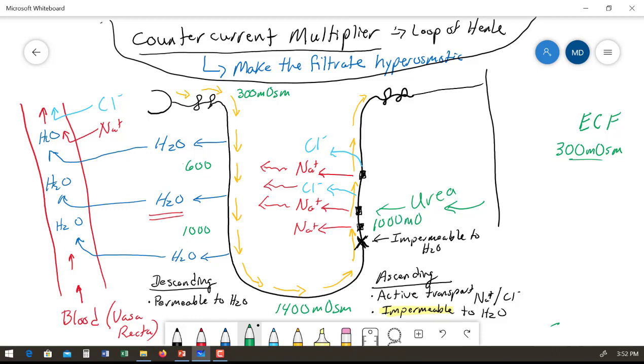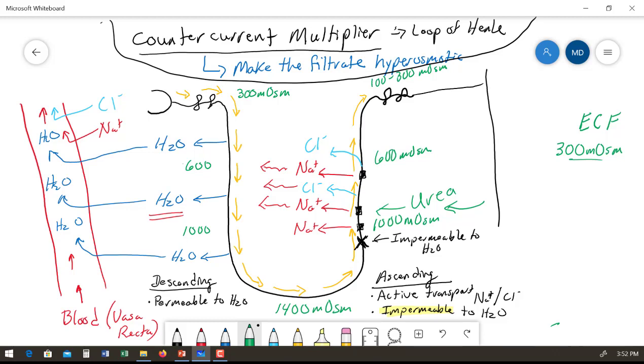So we're going to have 1000 milliosmoles, and then it's going to go down to 600 milliosmoles. And then when it gets to the very top up here at the distal convoluted tubule, it will be somewhere between 100 and 300 milliosmoles. So in other words, it becomes less hyperosmotic. Okay, so it's almost basically at a normal extracellular fluid level when it gets to the other end here.